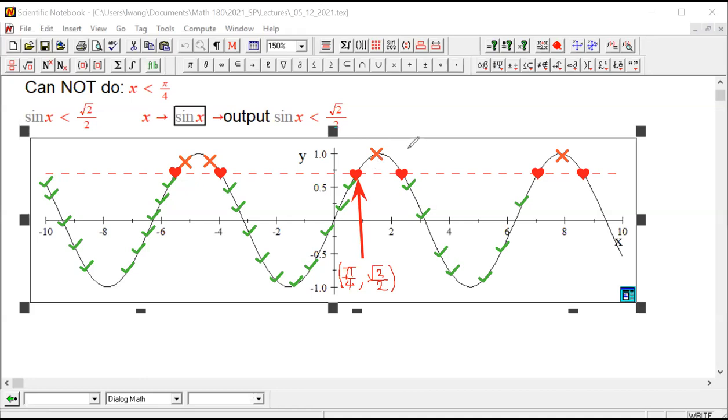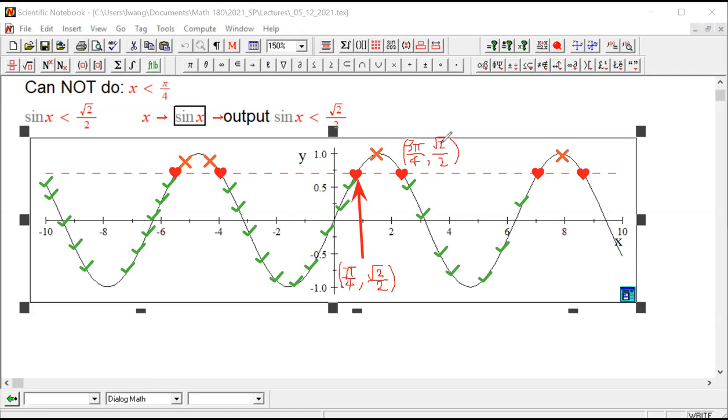3 pi over 4. You can use a unit circle on the side. 3 pi over 4, and root 2 over 2. Input, output. As I said, if you figure out everything about the relationship between input and output for that function, you're set.